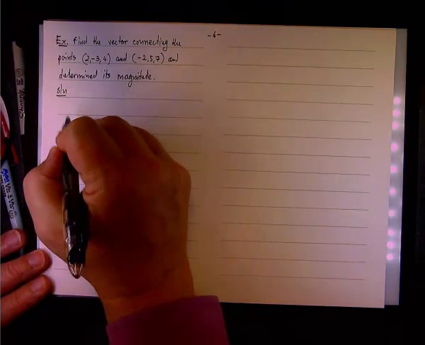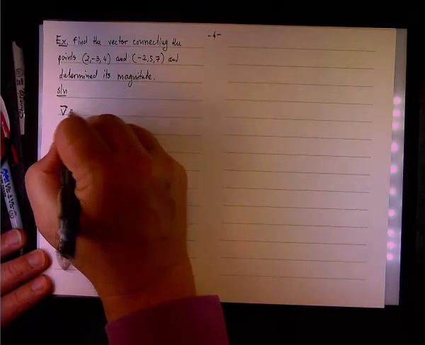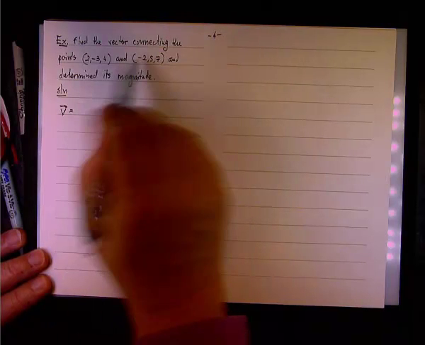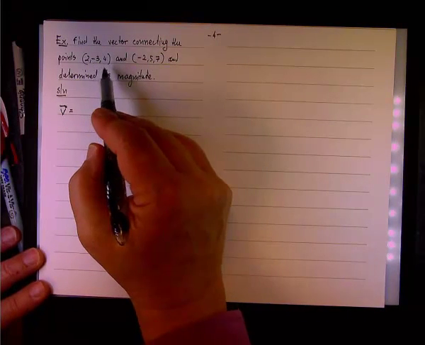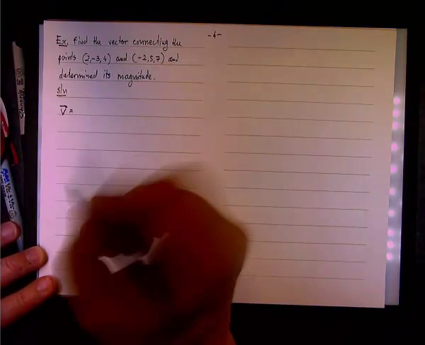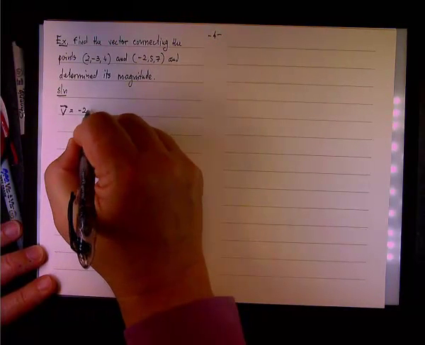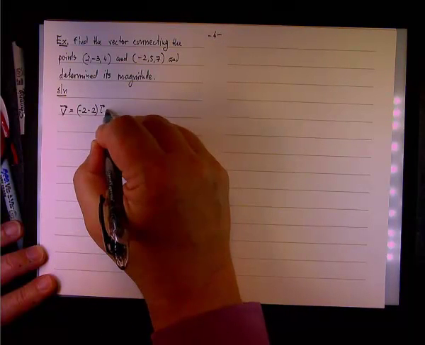So the solution, we're going to let a vector, in this case V, be, if we use the IJK notation, then vector V would be, if you let the first point be x1, y1, z1, and the second point be x2, y2, z2, then we're going to subtract.